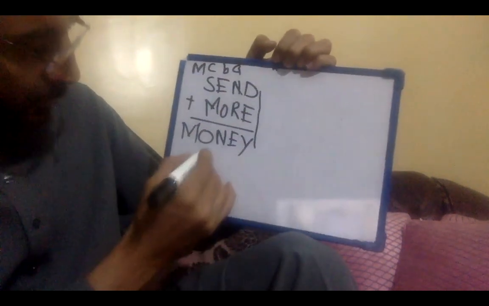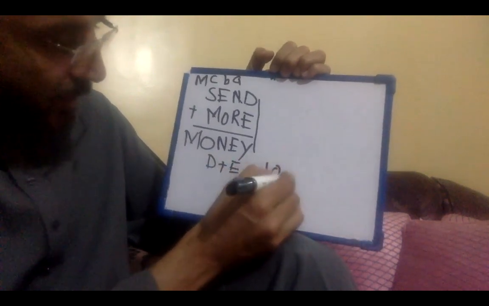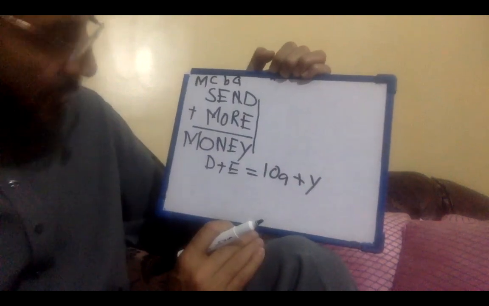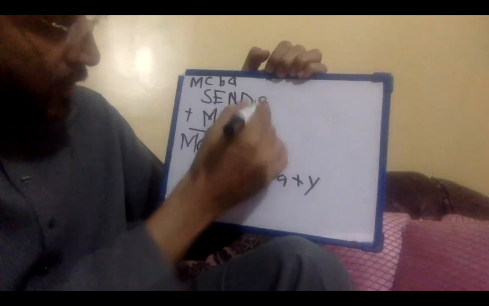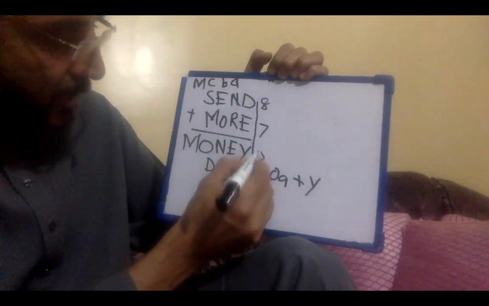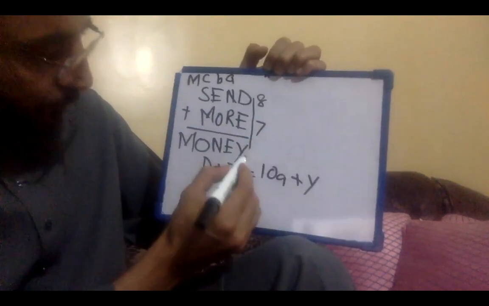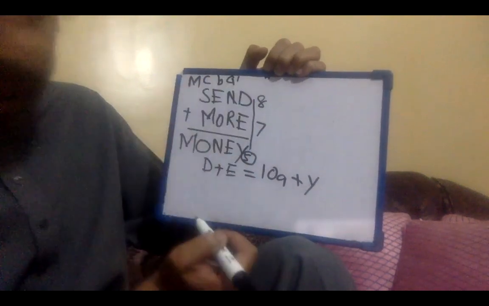If you sum up this one, D plus E is equal to 10E plus Y. This is the formula for the addition. For example, these values are 8 and 7, and you are getting 15 here. It means that you have to write 5 here in place of Y, and 1 is the carry.